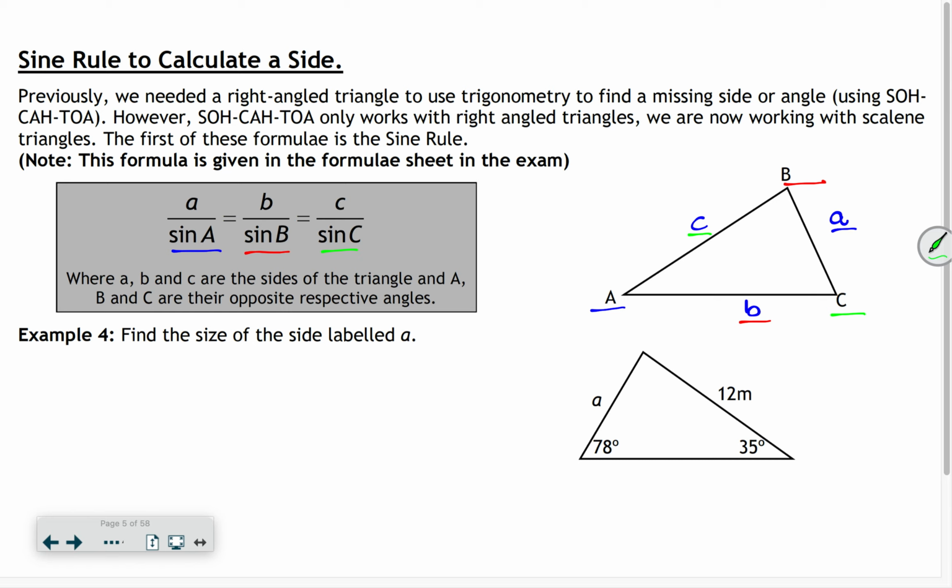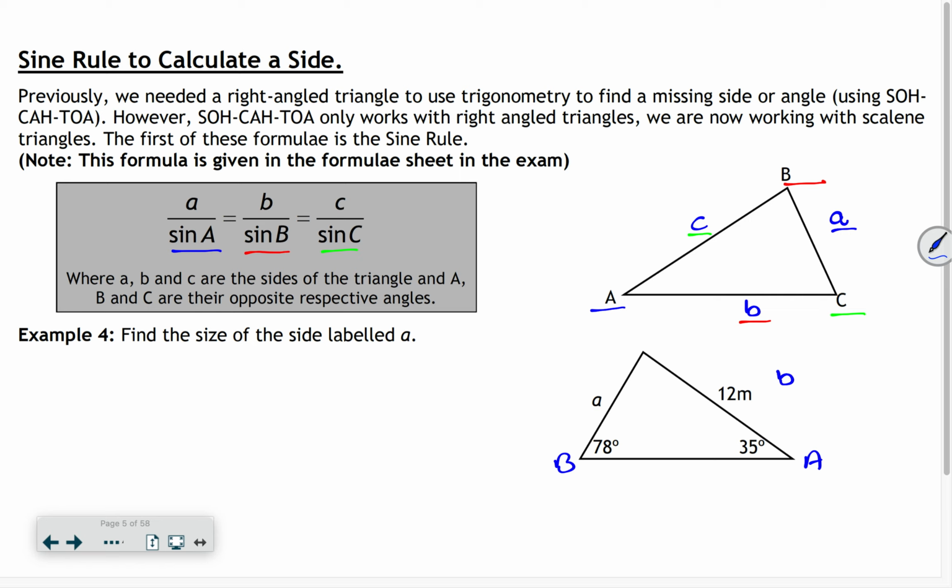It says, find the size of the side labelled a. You'll notice that we're not given any letters, so let's go ahead and put the letters in. If this is side a, we'll call this angle A. We'll call this angle B, so this will be small letter b.